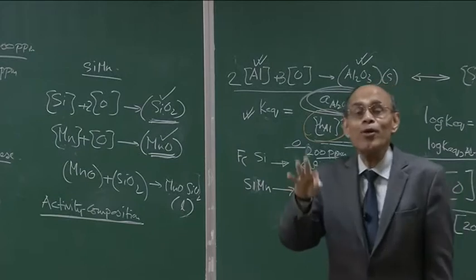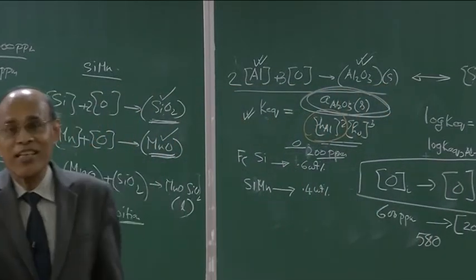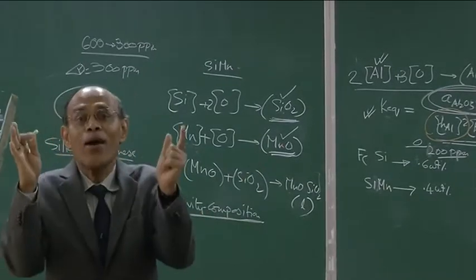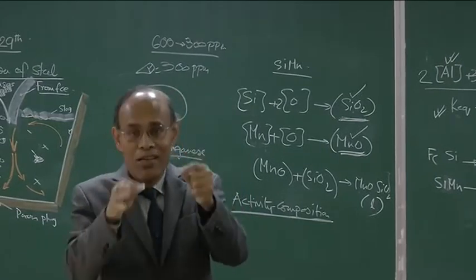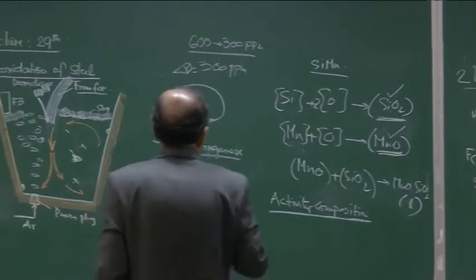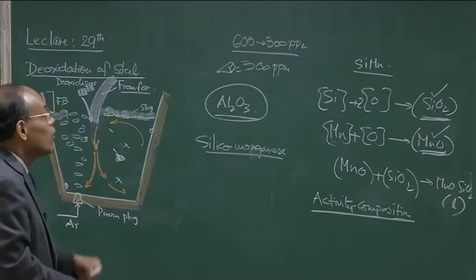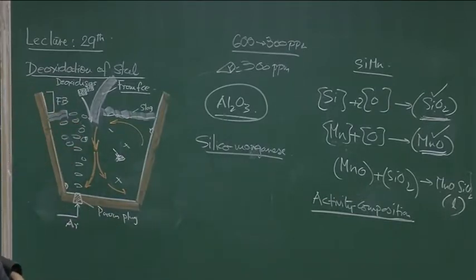Whenever you do the deoxidizer requirement for complex deoxidation cases, you have to do all these calculations, but you will require additional information, the corresponding activity composition diagram, and that will allow you to perform the deoxidation calculation completely, and you will know how much silicomanganese is to be added and how much aluminum needs to be added into the steel.